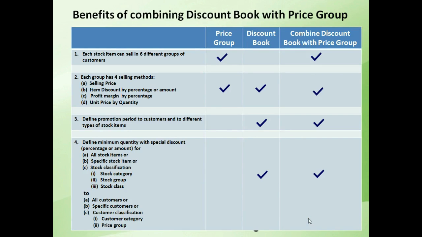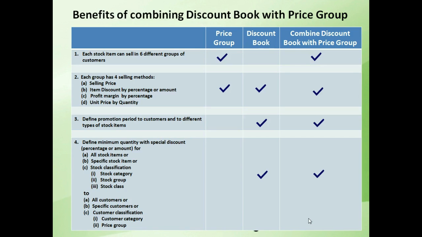The benefits of combining the discount book feature with the price group feature are: number 1, each stock item can sell in 6 different groups of customers. Number 2, each group has 4 selling methods, namely selling price, item discount by percentage or amount, profit margin by percentage, unit price by quantity. Number 3, define promotion period to customers and to different types of stock items.